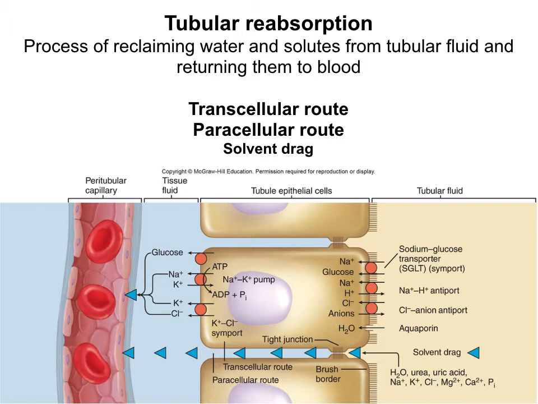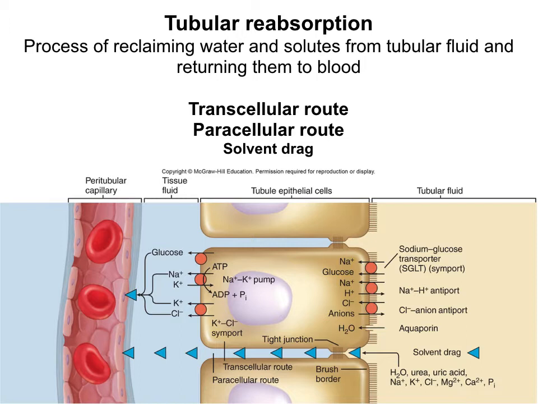From the kidney interstitial fluid, these substances can then move into either your peritubular capillaries or the vasa recta. This particular type of reabsorption is a selective process because moving into the cell or out of the cell across the plasma membrane requires the use of transport proteins.